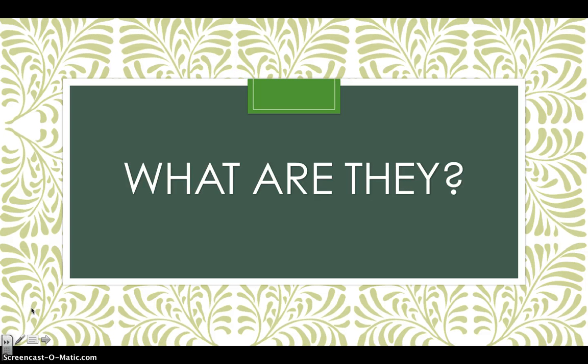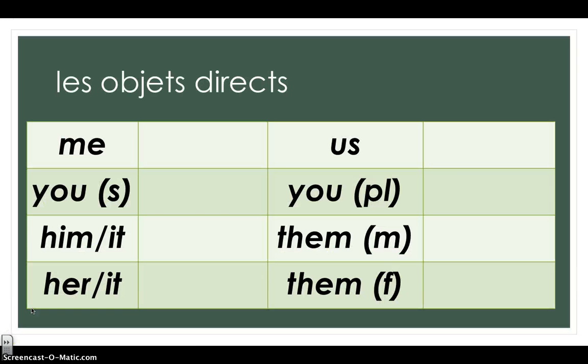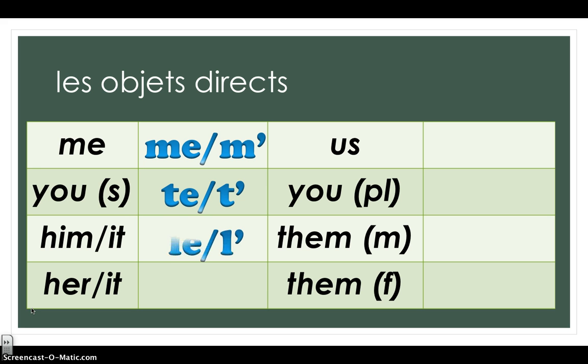But what are these object pronouns en français? Here's a list. We're going to start with direct objects. Draw the chart. It's beautiful. If he sees me, I use me. Ba-bam. Use singular, te. If I see him, if I see it, and that thing happens to be masculine, I'm going to use either le or l apostrophe.